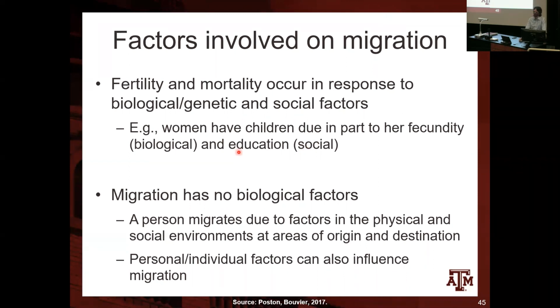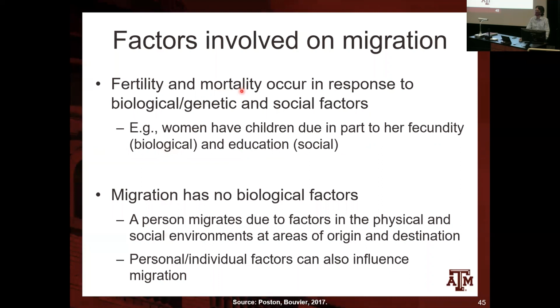Usually women with higher levels of education attainment, they have fewer children. So that's related to really their decision in that society to have more or less children. Fecundity is related to the biology.